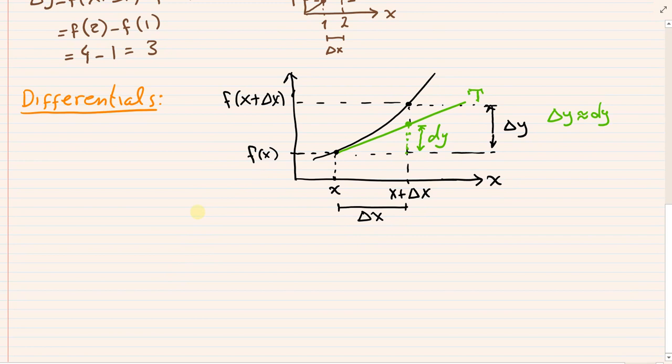Now what we can do is construct this triangle here and call this angle theta, and then we can write the following relationship. Tangent of that angle theta, tangent being the ratio of opposite to adjacent, is going to be dy, the differential of y, over delta x, the increment of x.